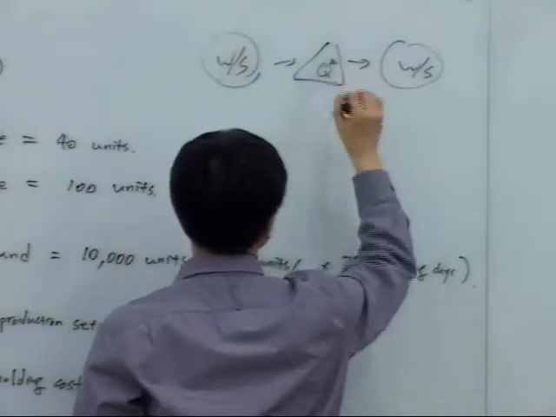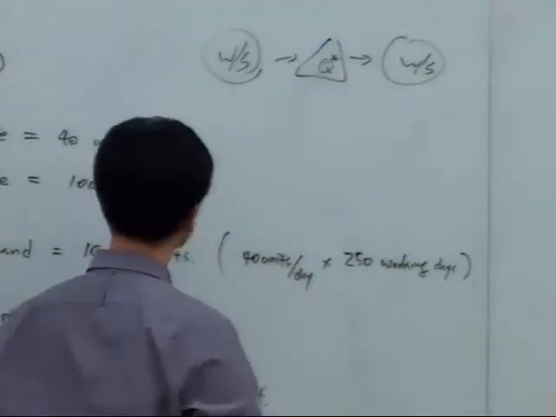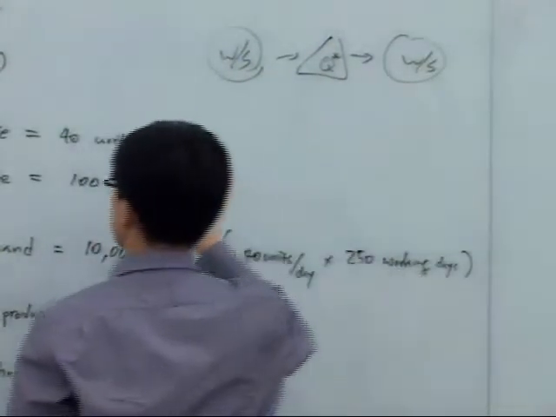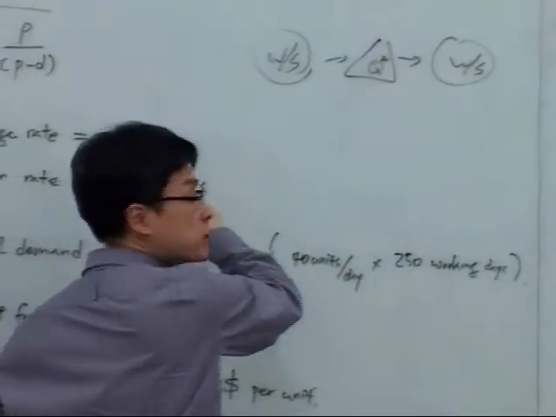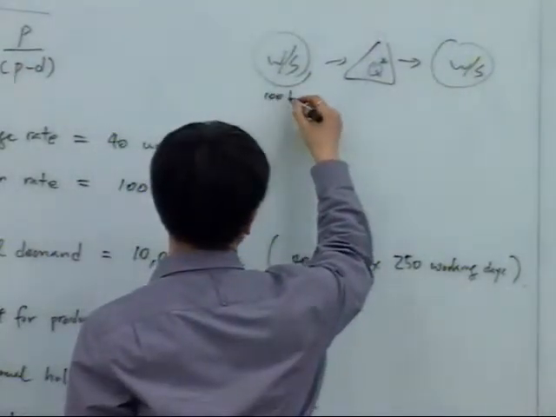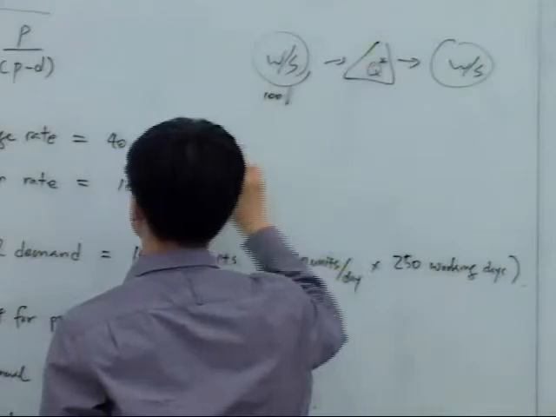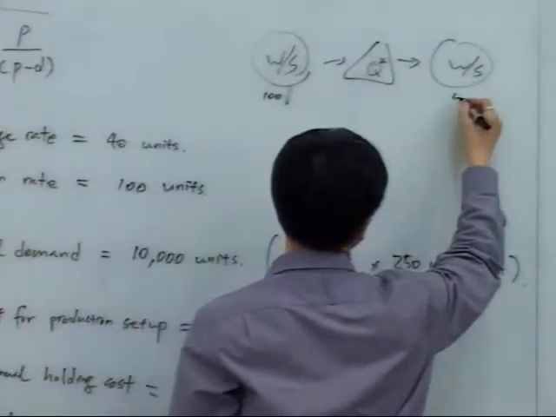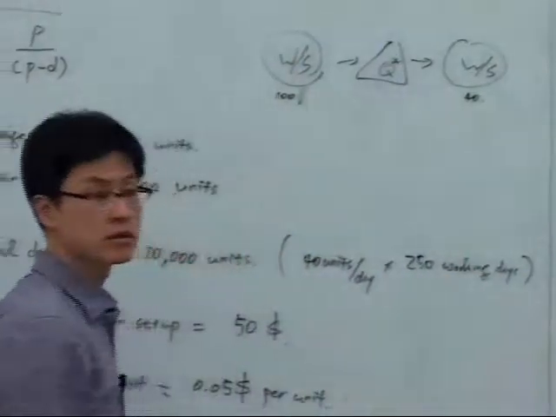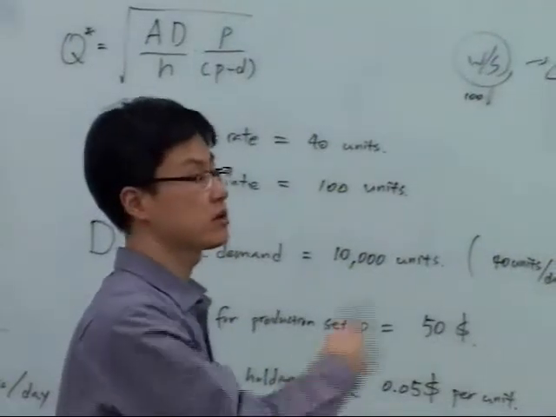we are considering about this Q, and the production rate of 100 units per day is about this workstation. 40 units per day is about this workstation. It's not continuous.